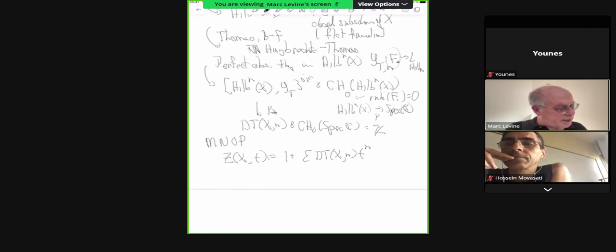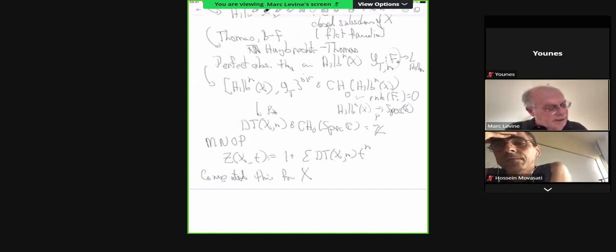They considered this and they computed this for X toric. So smooth toric threefolds, in other words, P3, P1 cross P2, P1 cubed, various other things, but a fairly short list of these things.